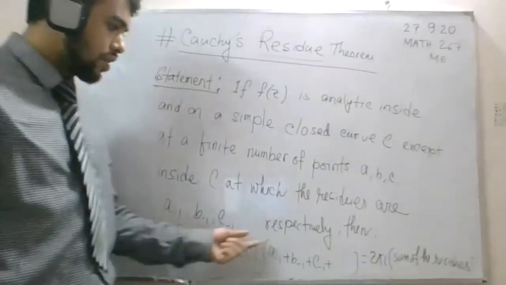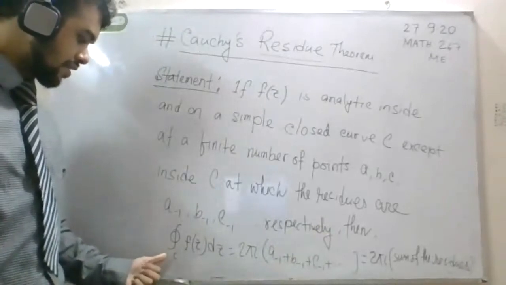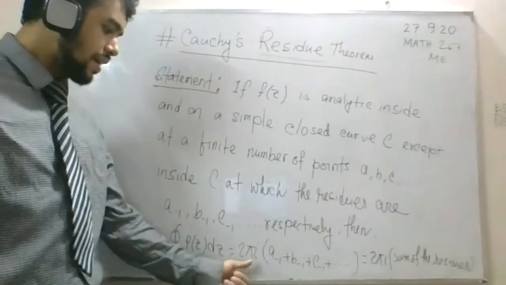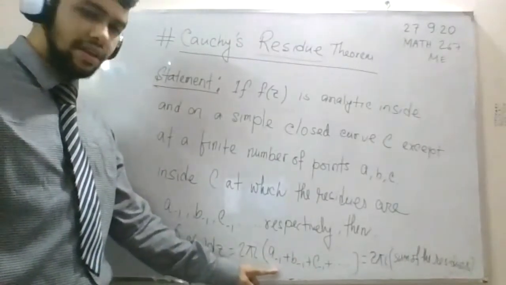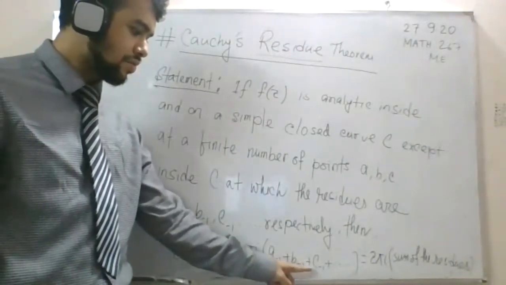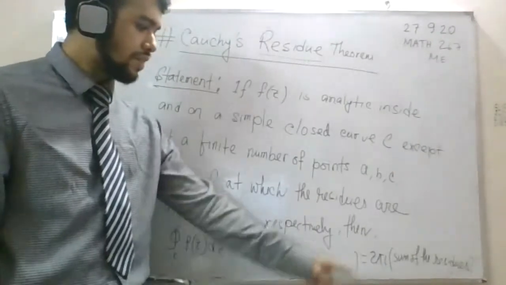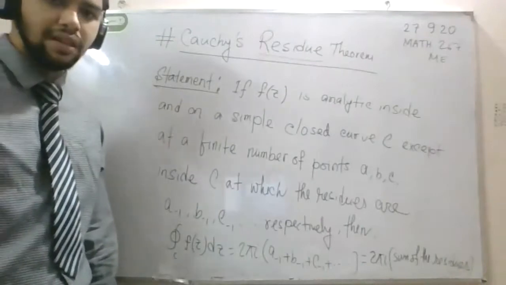Respectively, then we can say the closed integration of f(z) dz equals 2 pi i into a subscript -1 plus b subscript -1 plus c subscript -1 plus so on, which means 2 pi i into the sum of the residues.